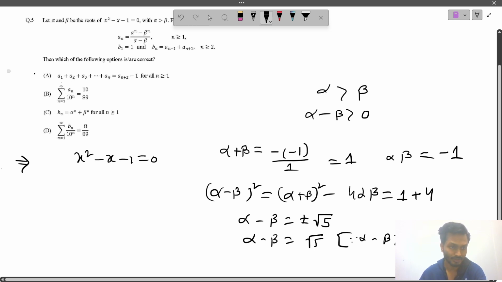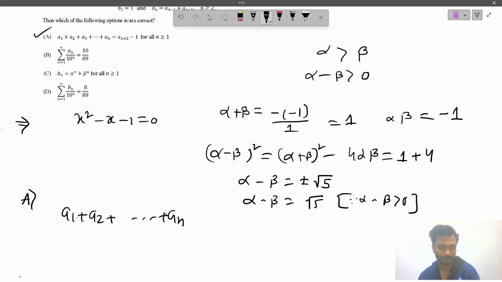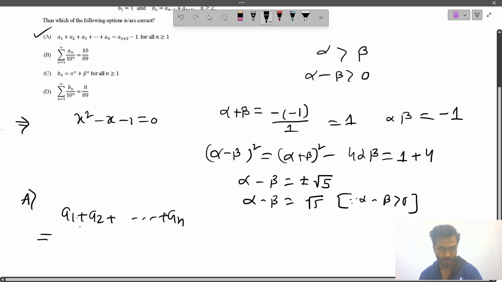Now check the options. The first option was a1 plus a2 plus dot dot dot plus an. We have to check whether this sum is a(n+2) minus 1 or not. What is a1?